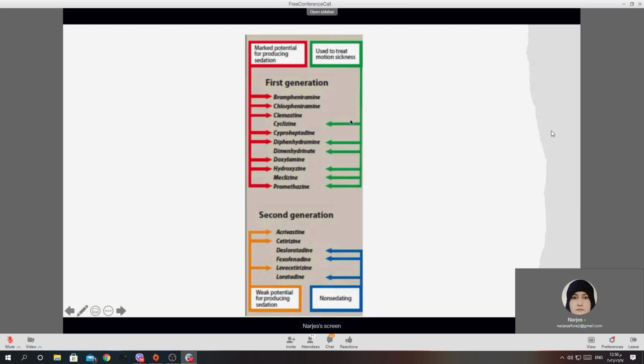Several of these drugs can be used to treat motion sickness. Some people cannot tolerate travel by car or ship sometimes, due to the stimulation of this nervous system, so we need to counteract this effect by giving medication that prevents the nausea and vomiting.